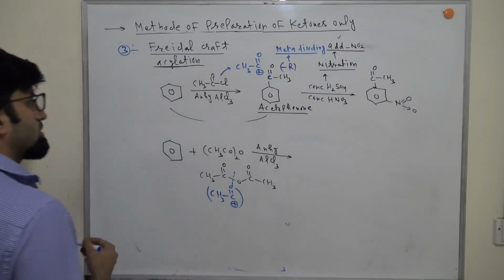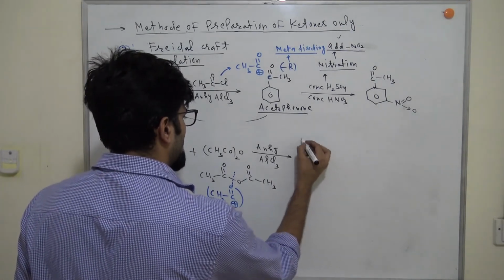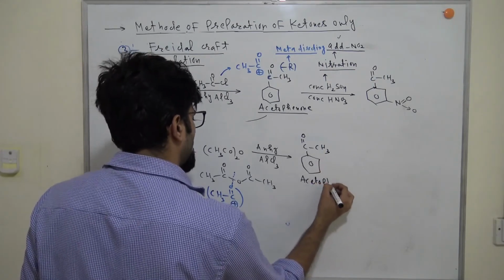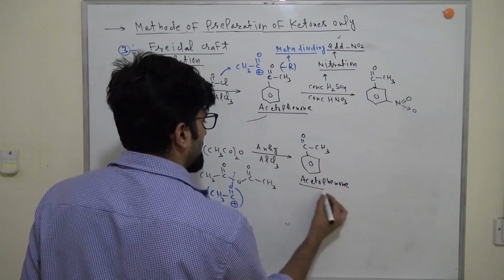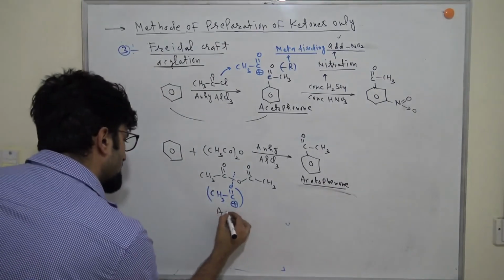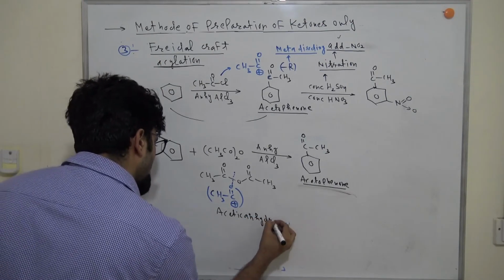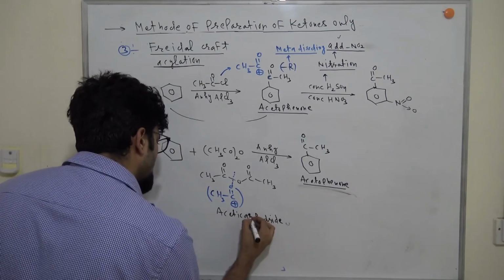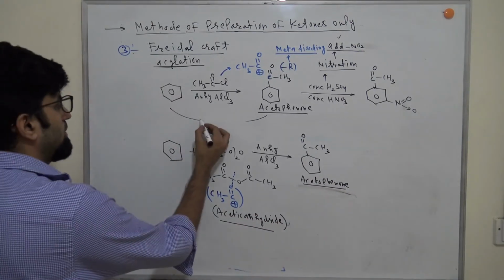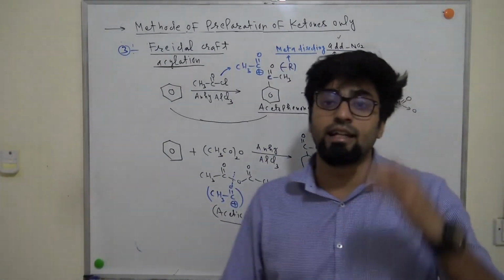So the same thing will attach over the benzene ring, and you will get the same product again. What product will you get? You will get acetophenone. Understood? Okay. This is also an acylation, but with what? What is the name of this compound? Acetic anhydride. With acetic anhydride, guys. Done? Clear?